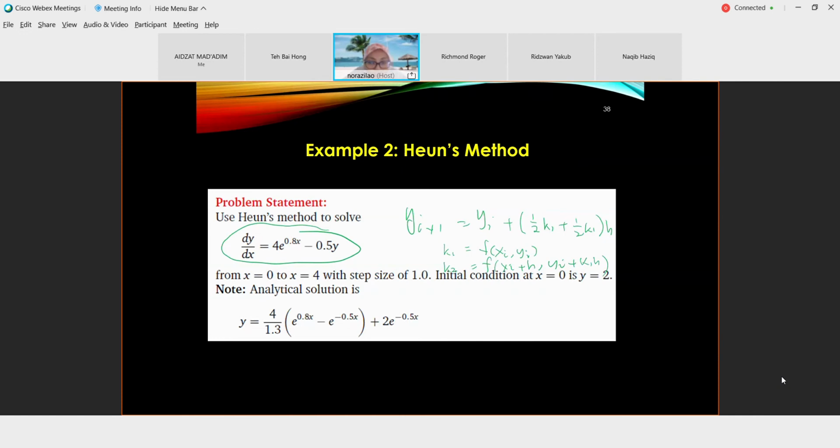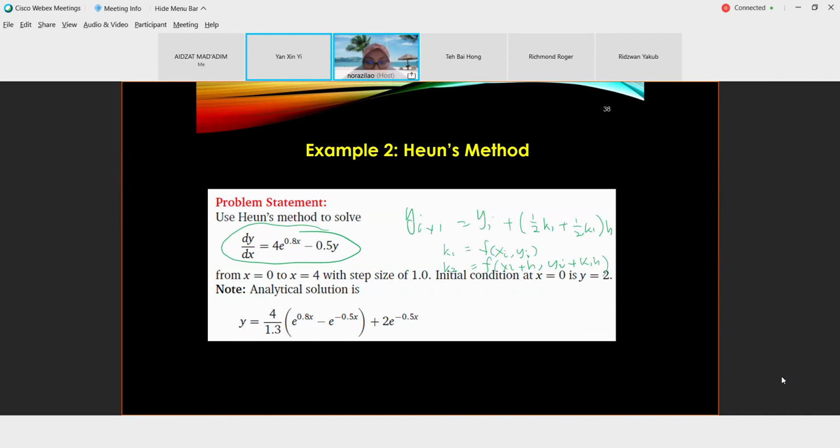Where can we substitute? f(x, y). It means that you can determine the k1 value, right? And then, from x equals 0 to x equals 4, what is the step value? Step value is 1.